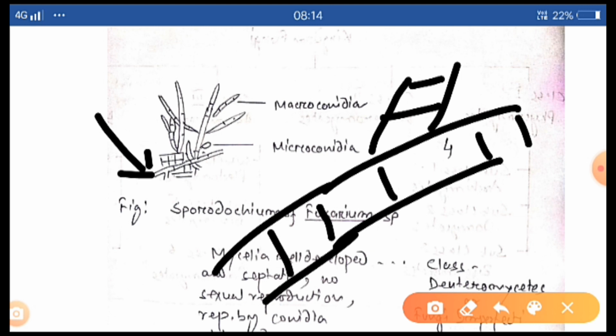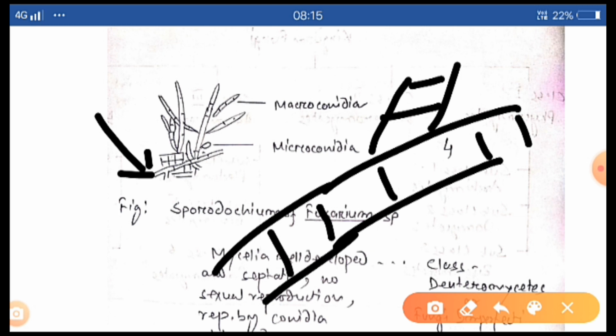And if any scientists or mycologists find any kind of sexual reproduction in any member of Deuteromycetes, then that member will be placed under either Ascomycetes or Basidiomycetes on the basis of their spore formation. If the spores are produced inside the container, then Ascomycetes.